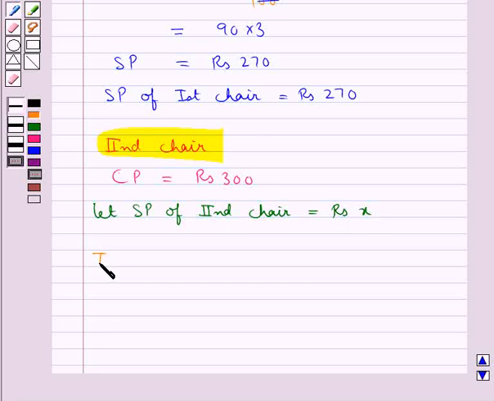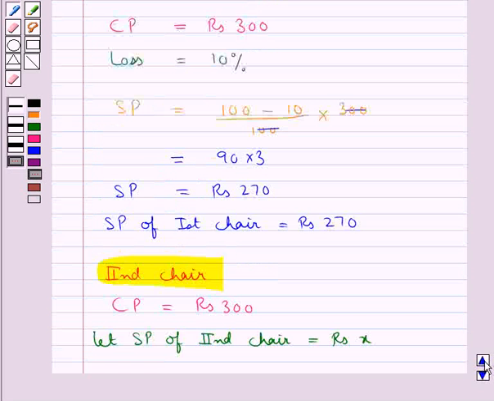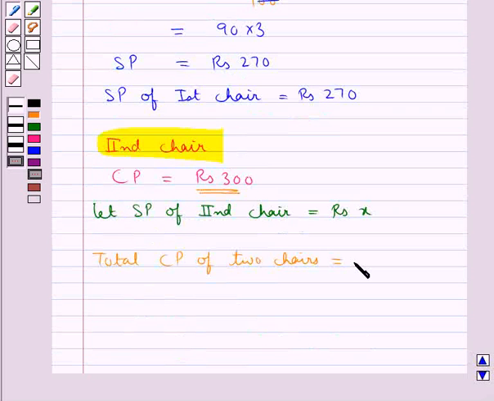Now we have total cost price of two chairs is equal to the cost price of the first chair, which is rupees 300, plus the cost price of the second chair, that is rupees 300. So rupees 300 plus 300, that is rupees 600 is the total cost price of two chairs.